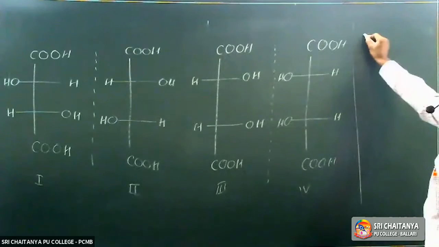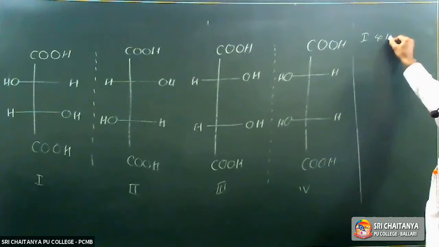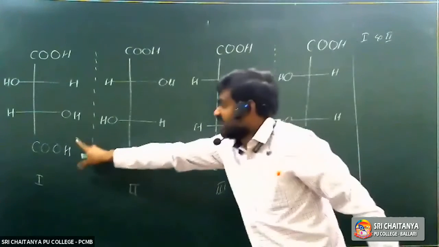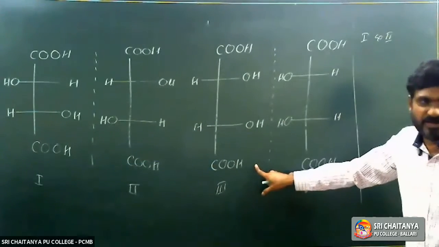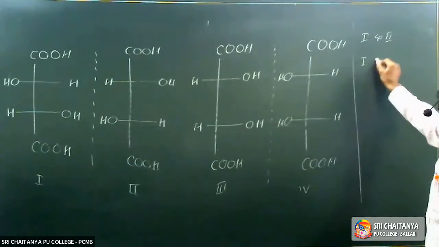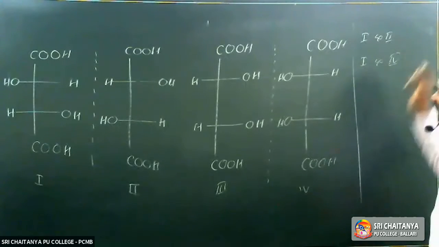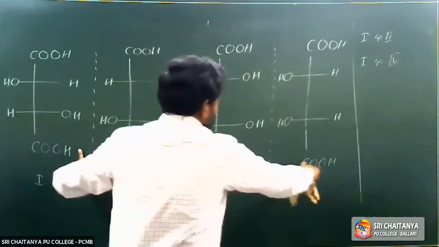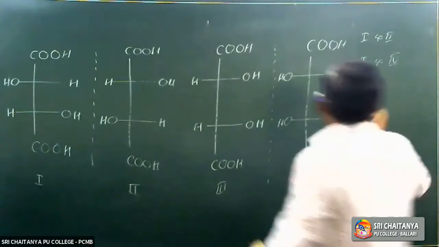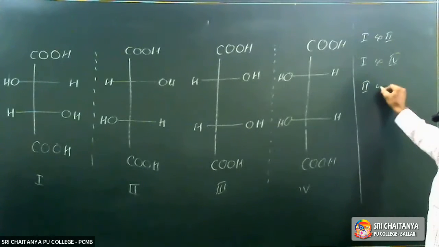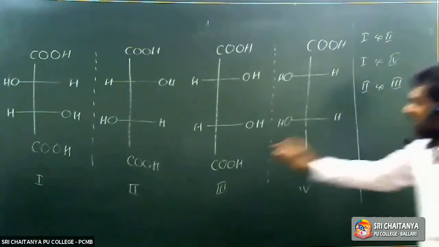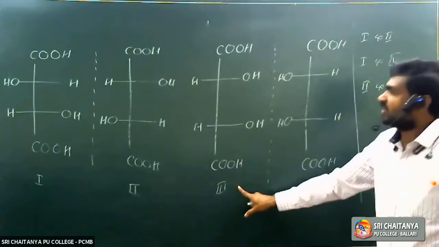Here 1 and 3 are non-mirror images. 1 and 4 also are not mirror images. Next, 2 and 3 are not mirror images. It is the second compound and the third compound.